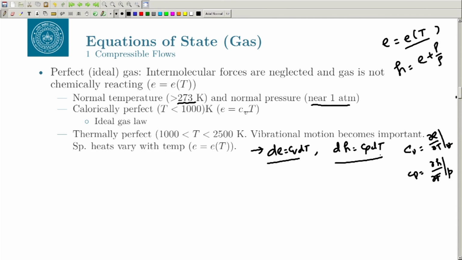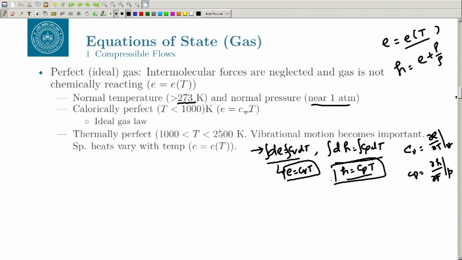Now, if you make another approximation where we say that Cp and Cv are basically constant, in that particular case you can further approximate and say that E is equal to Cv T and H equal to Cp T. What we did was we just did the integration here, took Cp and Cv out because they are constant, and we say that the internal energy is 0 at T equal to 0 and H is equal to 0 at T equal to 0, and you get this expression.